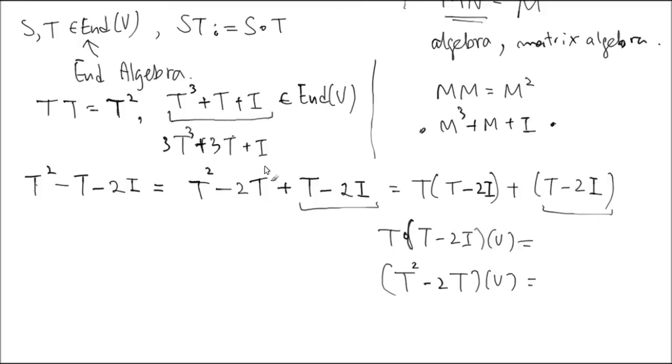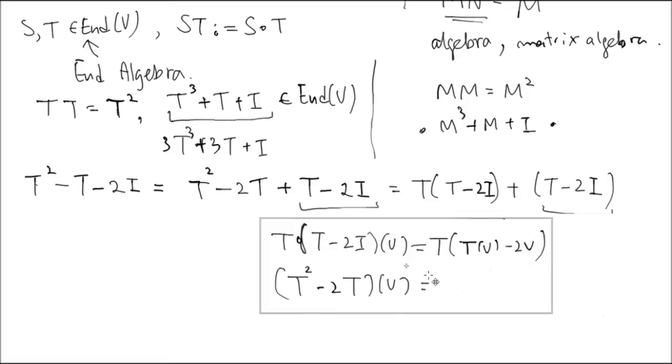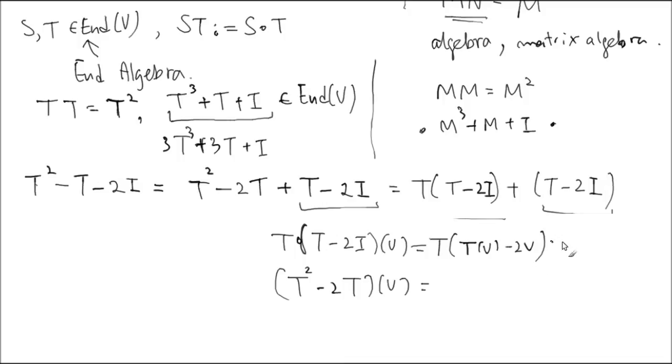Because what these are is the compositions. So let's do this one. What is this? This is t of tv minus 2v. That is from the definition. We have to apply v to the inside function first, and then the outside function. That's the composition. So I applied the inside function first, right? Then I'll apply the second function, t squared v.